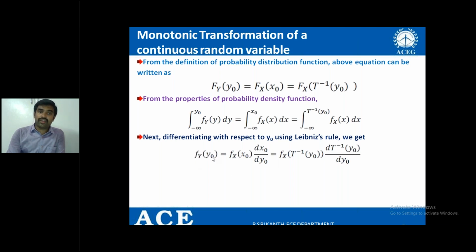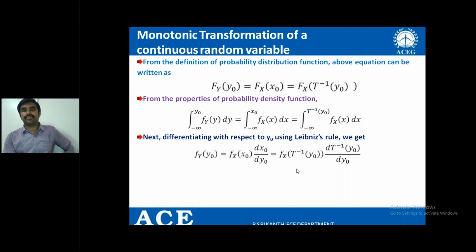Because f_y of y naught into dy naught equals f_x of x naught into dx naught. That is the Leibniz rule. I repeat, f_y of y naught into dy naught equals f_x of x naught into dx naught. Taking the differential term dy naught to the right-hand side, f_y of y naught equals f_x of x naught into dx naught by dy naught.